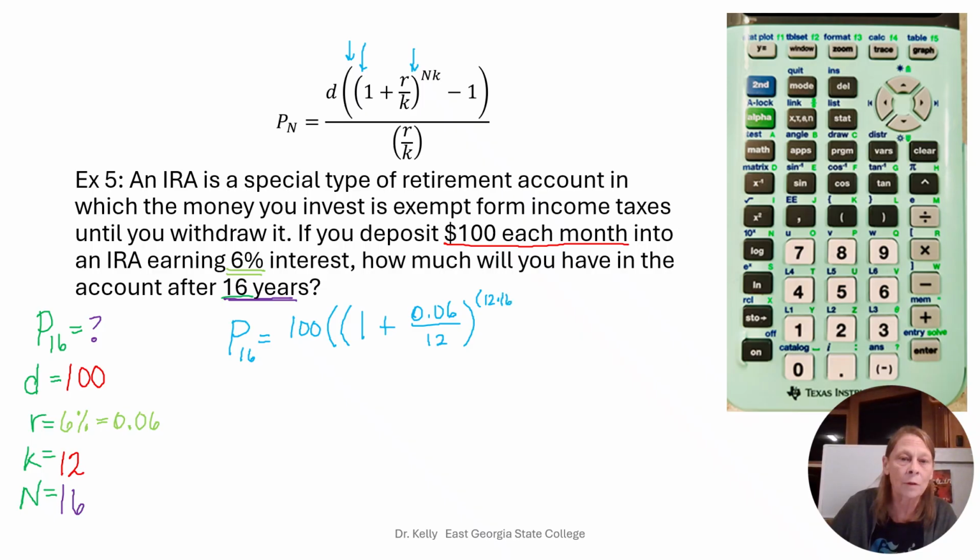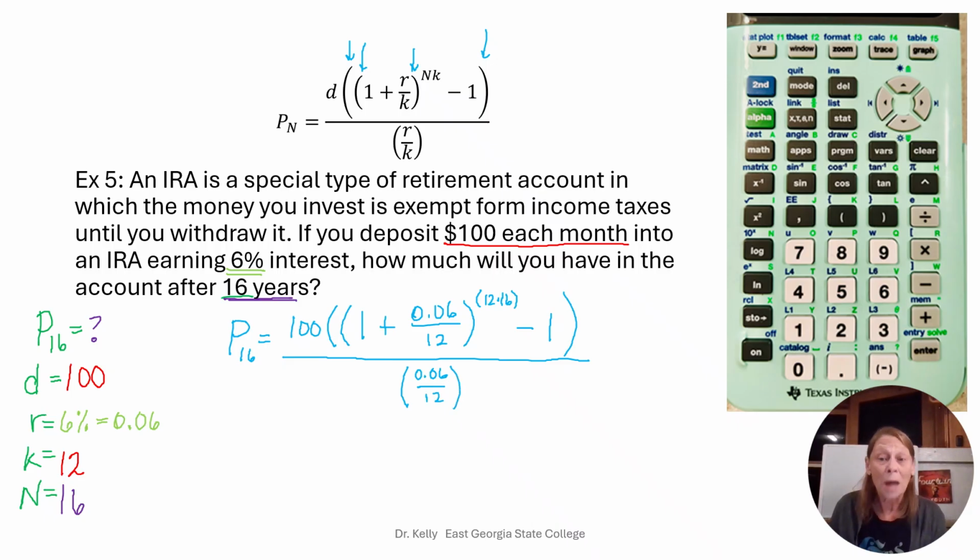We're going to put that in parentheses because it's not multiplied by 1. All that minus 1, close parenthesis, all over this R divided by K business, 0.06 over 12. The calculator steps are a little bit more complicated, but not terribly complicated.